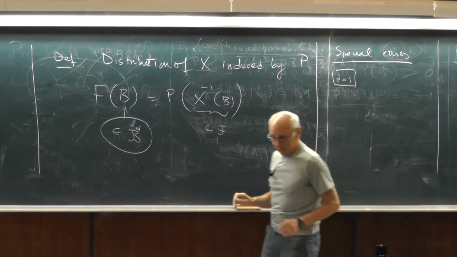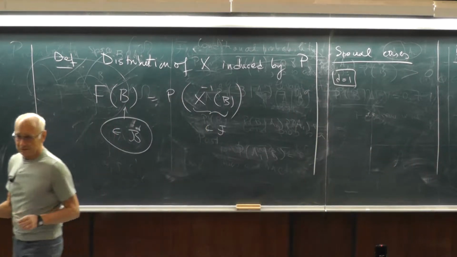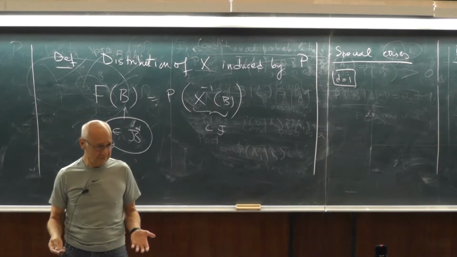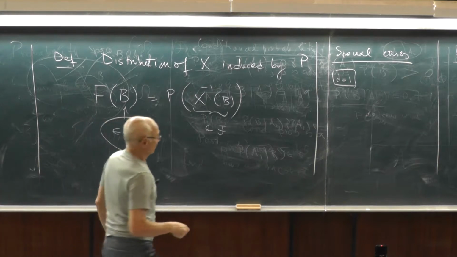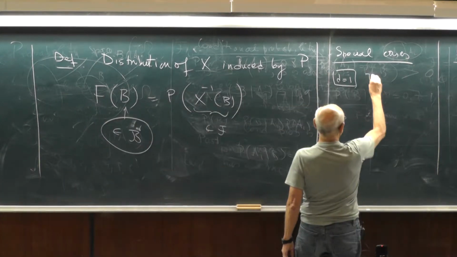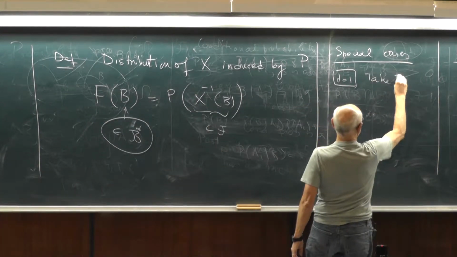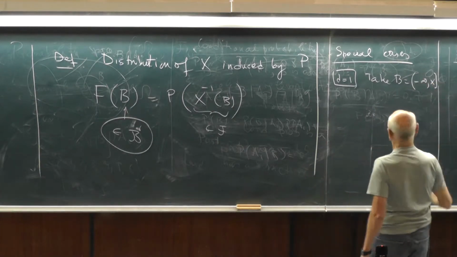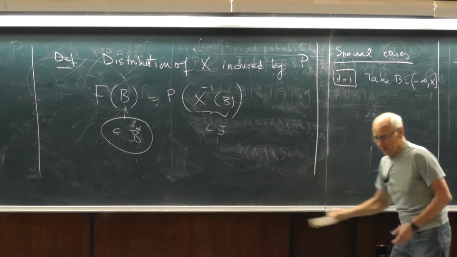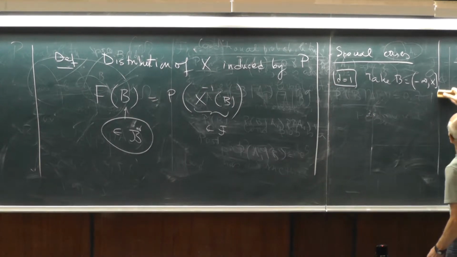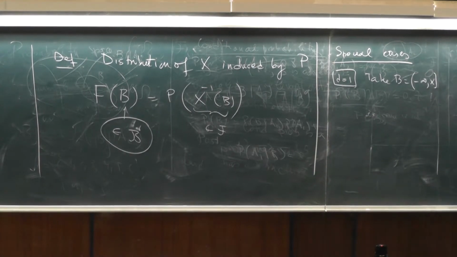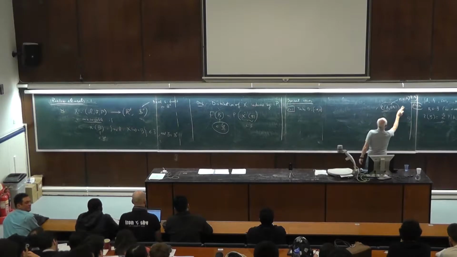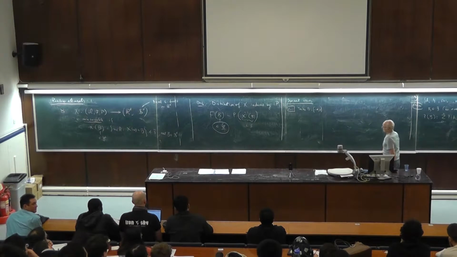And remember what the Borel sigma field is. It's generated by intervals. So we take d equal to 1 and take B to be this, where x is a real number. Right?